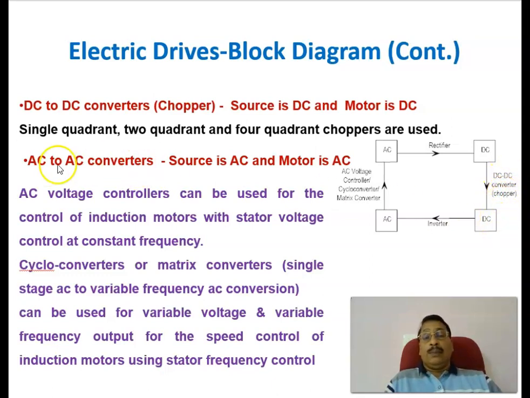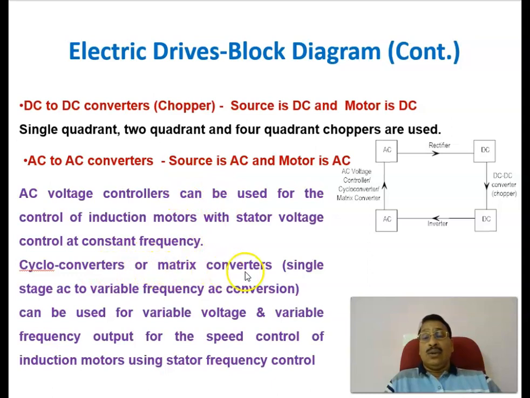Now the third type of power modulator is the AC to AC converter. That is, input is AC and output is also AC. Therefore, an AC to AC converter can be an AC controller, a cycloconverter, or a matrix converter. AC voltage controllers can be used for the control of induction motors with stator voltage control at a constant frequency.